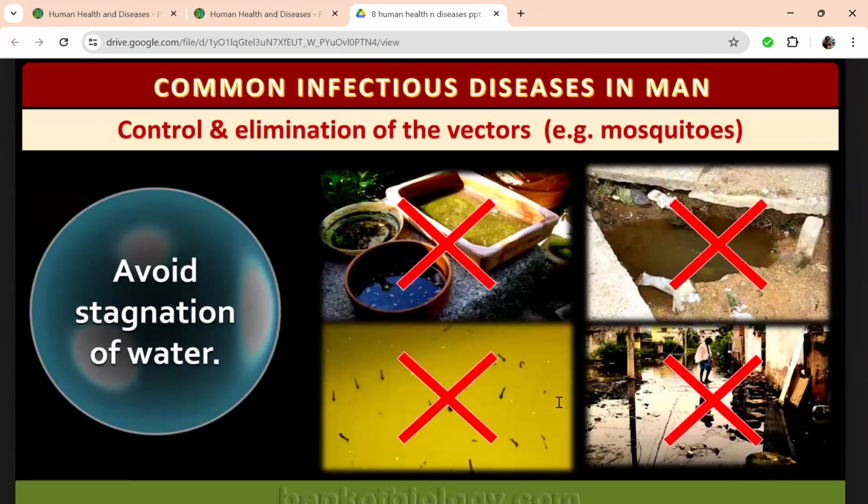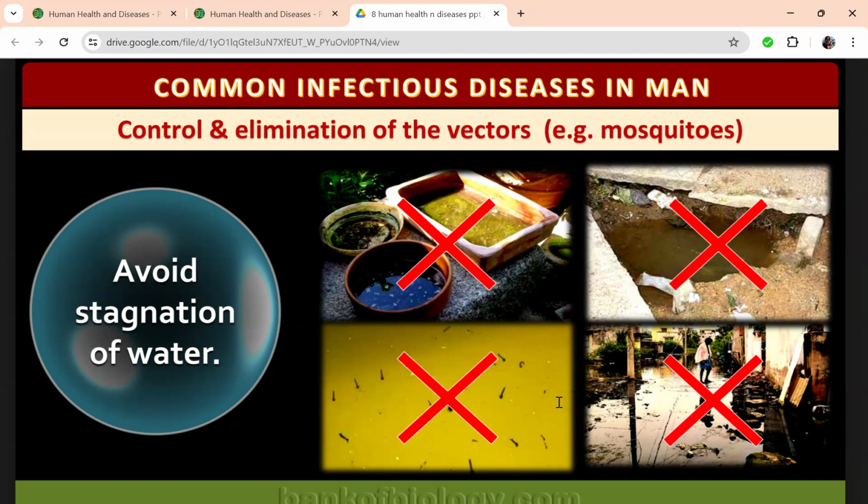Next, we have the control and elimination of vectors. You should avoid stagnating water, because once you have water stagnated in tubs, in dug areas, or after the rainy season, all this causes the larvae to grow. So mosquito larvae will develop.